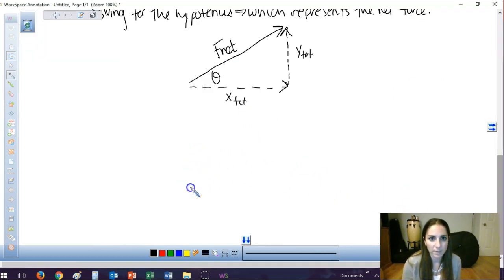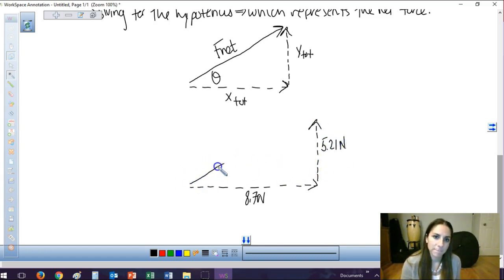It's positive, which means to the right, so 8.7 newtons. And my y is positive 5.2, reading it off my calculator, so it goes up a little less than the 8, so 5.2 newtons. Essentially I'm solving for this, which I will call the net force.